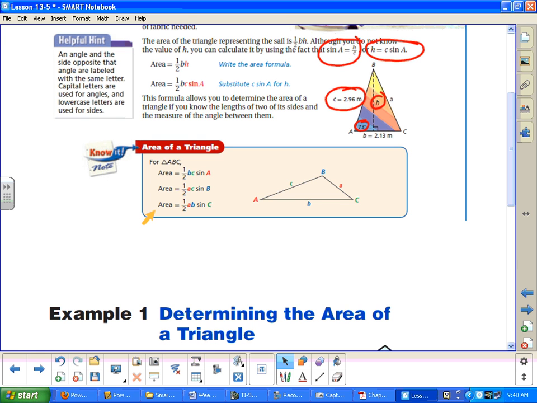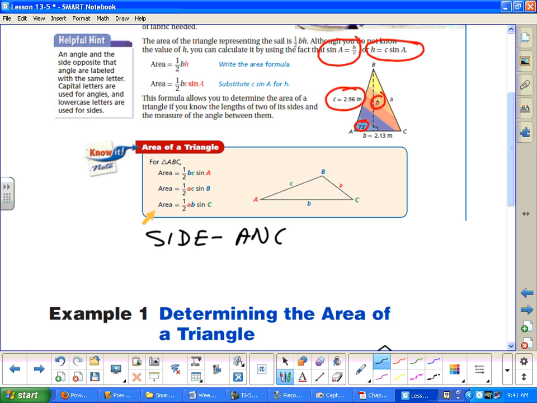And what this turns out is, if you remember from your geometry, this is side angle side. So if I know the side angle side of any triangle, I can use this formula to find the area of that triangle.